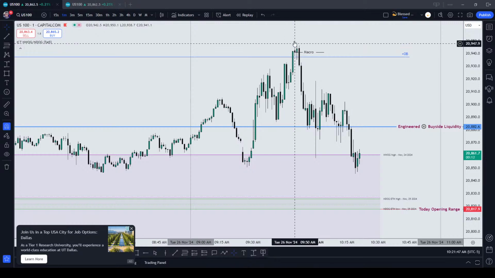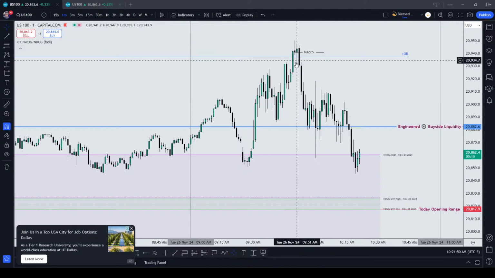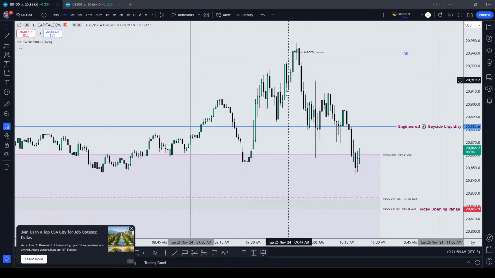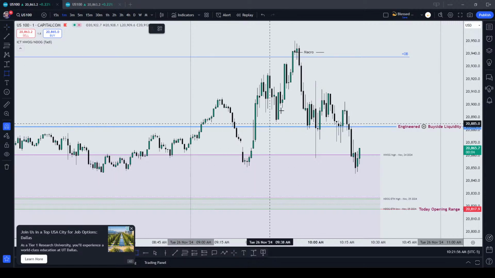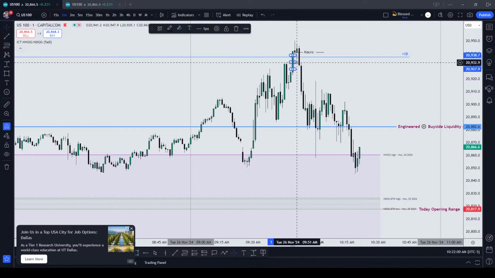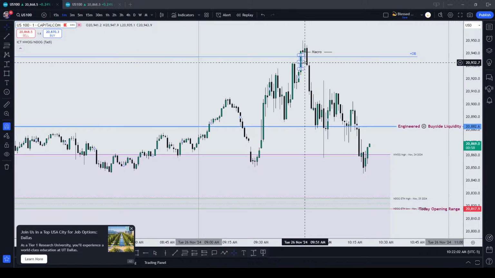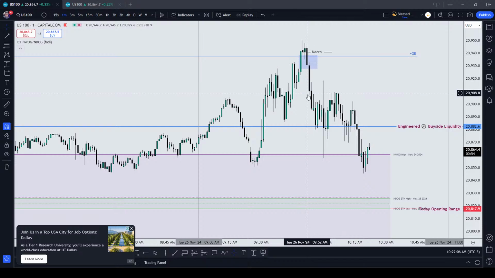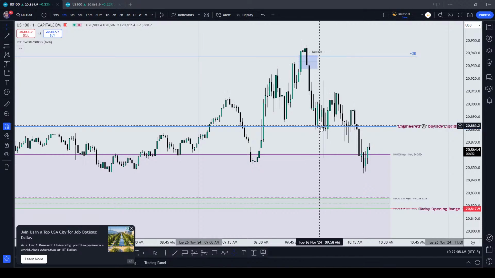Okay, so it created this high, then created this balanced price range right here. And price actually did what, came back, starts dropping lower. Then the 10 a.m. news, because there's a news around 10 a.m.